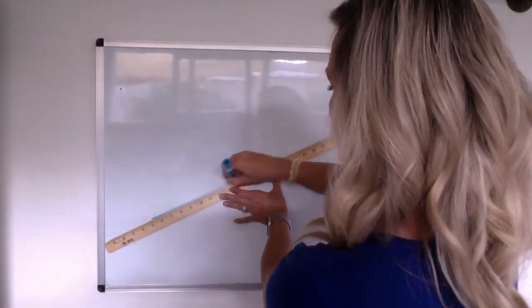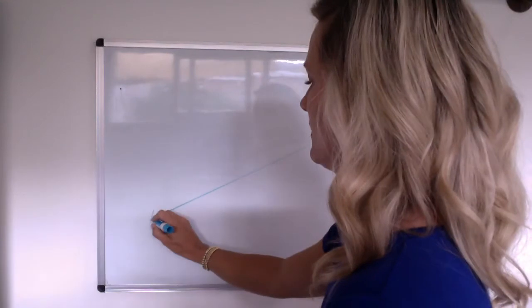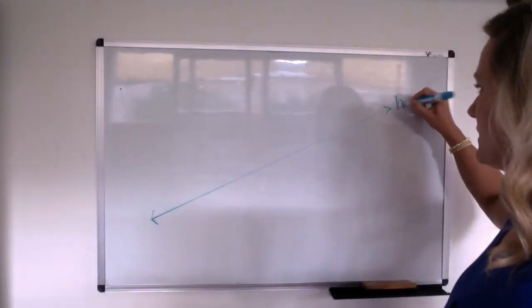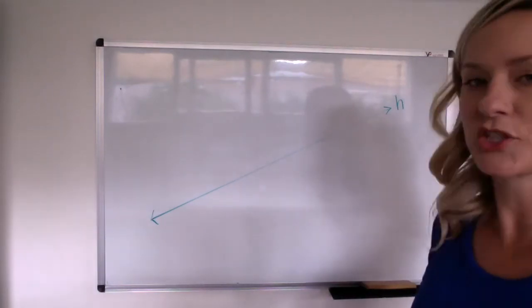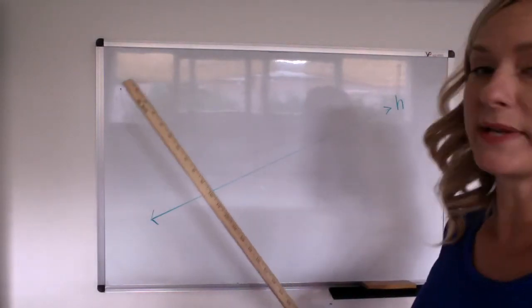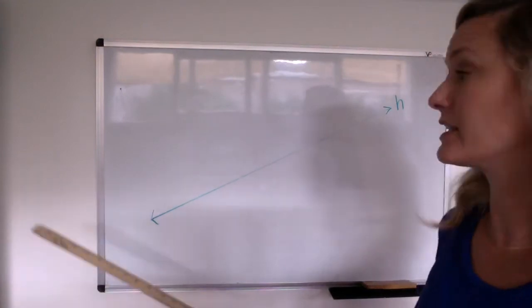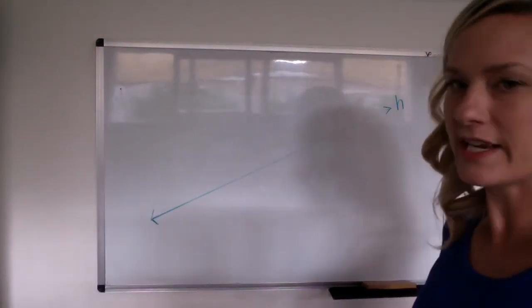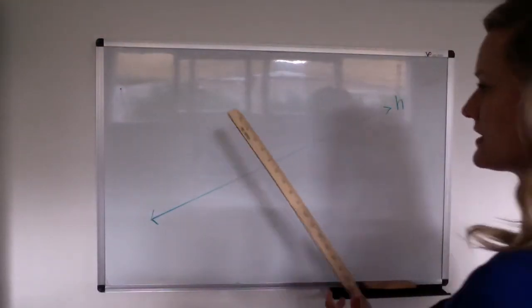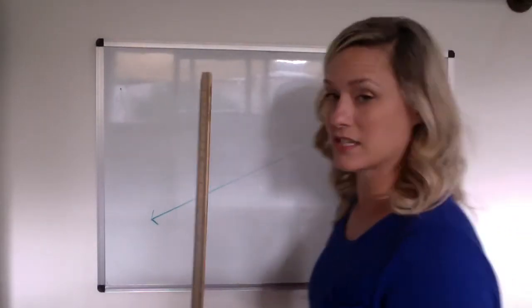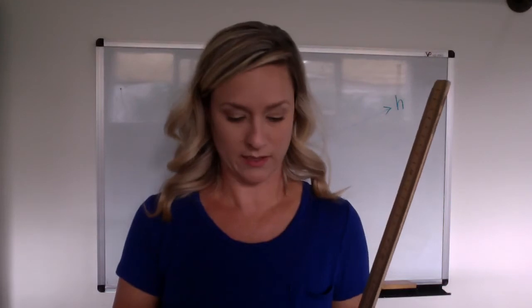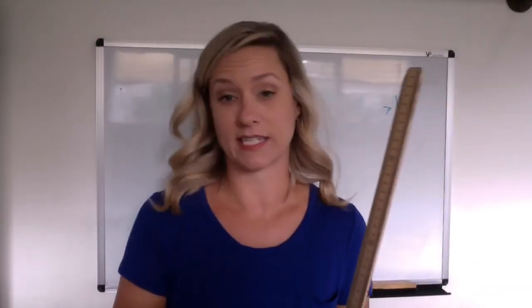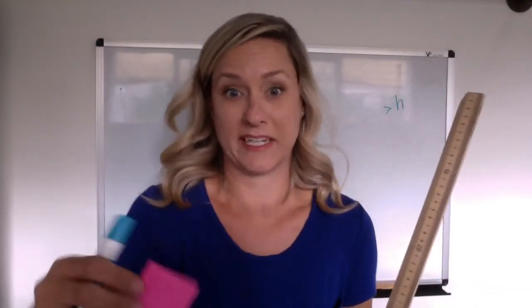Oh my gosh, things are falling. Let's say I have a line. Okay, I'm going to name this line H. And I need to make sure that I have a perpendicular line to line H. Okay, so I can see that this is obviously drawn on a slant, but I need to make sure that when I draw my perpendicular line, that it intersects at right angles, because that's what perpendicular means.